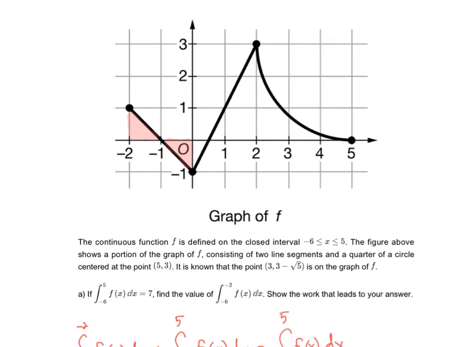This is a half, and this is negative a half. So those cancel out. So we don't have to worry about that area. Similarly, this area here cancels out with that area there. So we won't worry about that either.